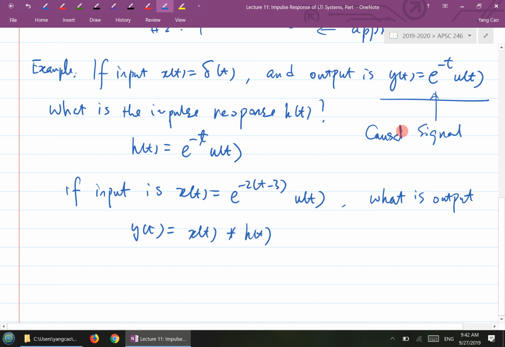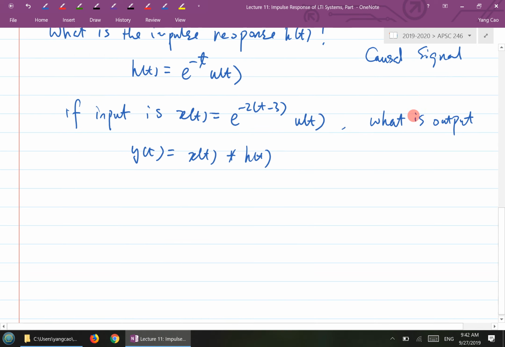So I didn't graph anything here. In the previous examples, we typically gave you the graph: here's function f, graph, here's function g, another graph. But this time, I give you an expression, and it's up to you to graph this out. Because when you do the convolution, you'll use the graphical approach, and you'll end up graphing the functions.